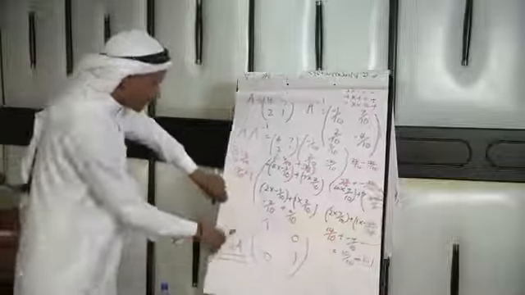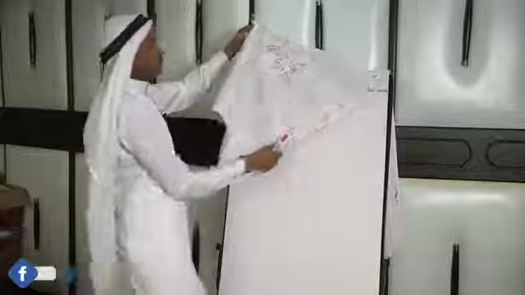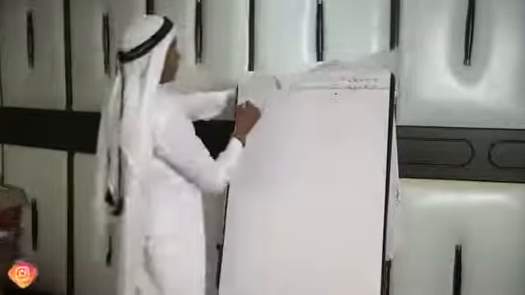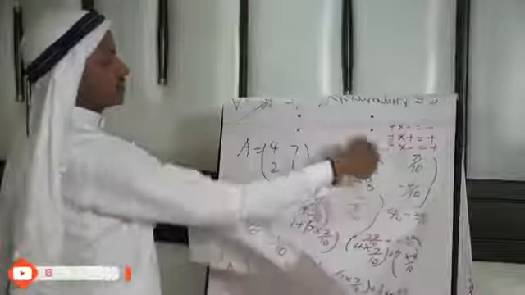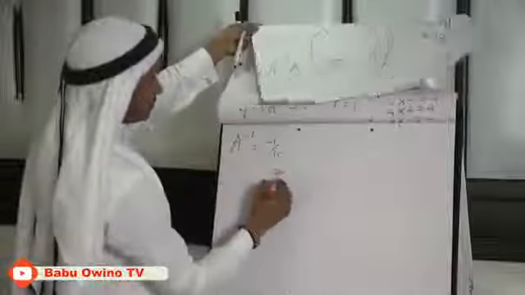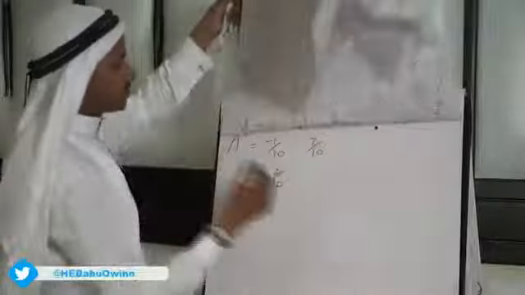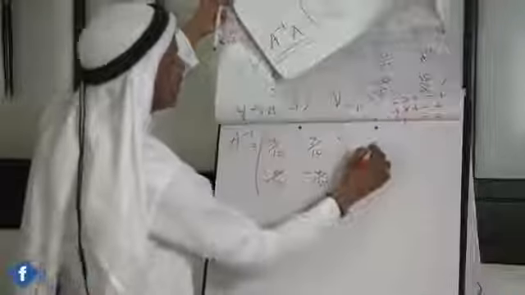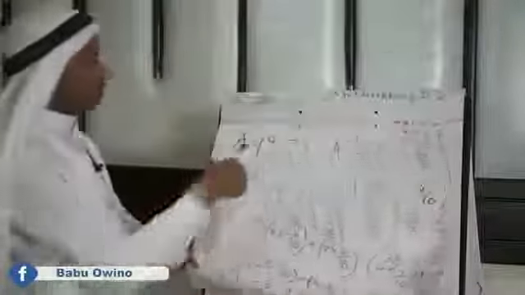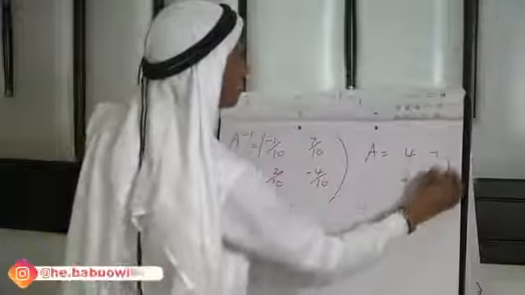So our A inverse is minus 1 over 10, 2 over 10, 7 over 10, and lastly minus 4 over 10. And our A is 4 2 7 1.